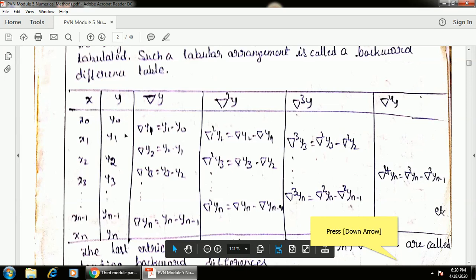In this table, the last entry in each column, that is nabla yn, nabla square yn, nabla cube yn, nabla power 4 yn, up to nabla power n yn, those are known as the leading backward differences.